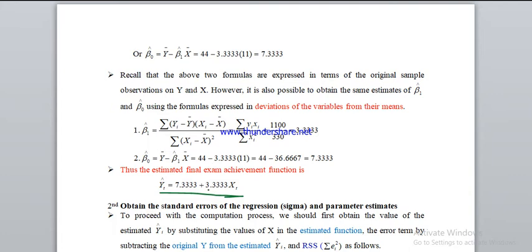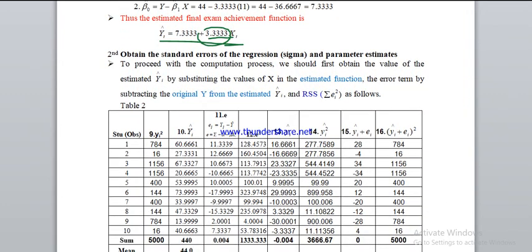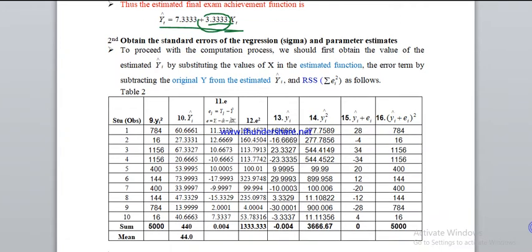Now our interest is to interpret this coefficient, 3.333. It is positive, of course, but at this time we can't know whether this coefficient is significant or not. So to check the significance, we have to conduct a test of significance, or hypothesis test.